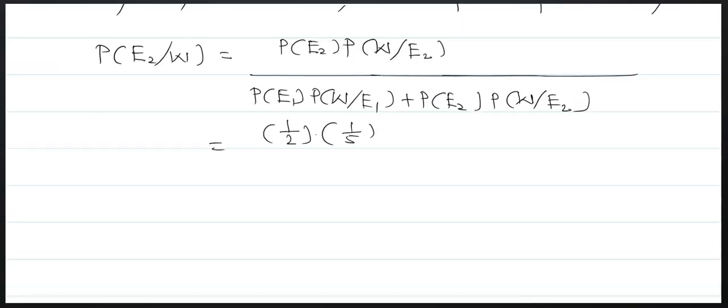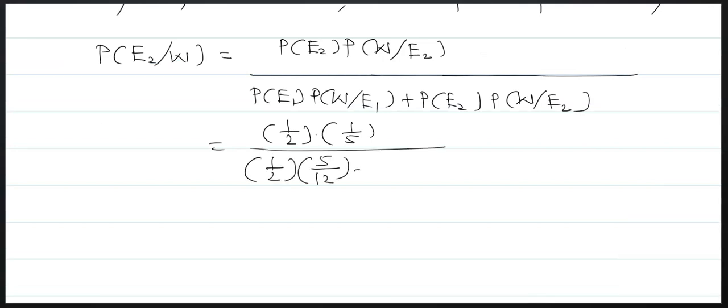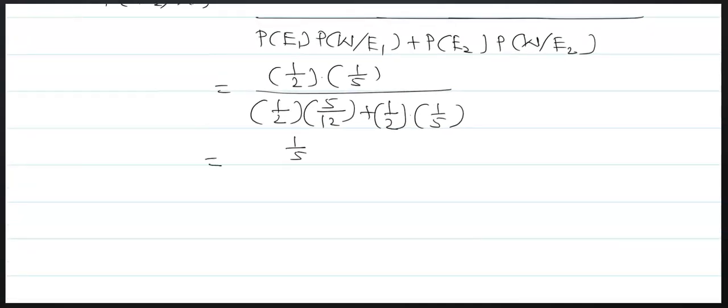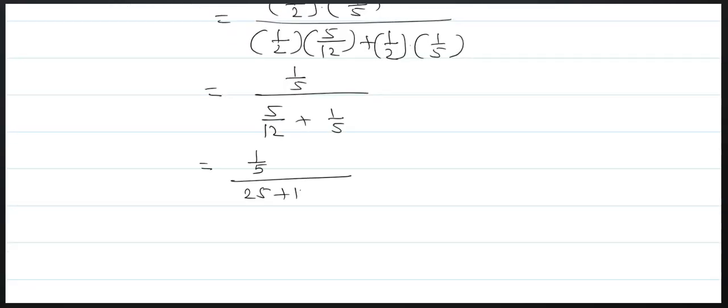Substitute the values: 1 upon 2 into 1 by 5, upon 1 upon 2 into 5 by 12 plus 1 upon 2 into 1 by 5, and you will get the answer. Normal calculations are there. 1 by 5 upon 25 plus 12 upon 60, 1 by 5 into 60 upon 37.